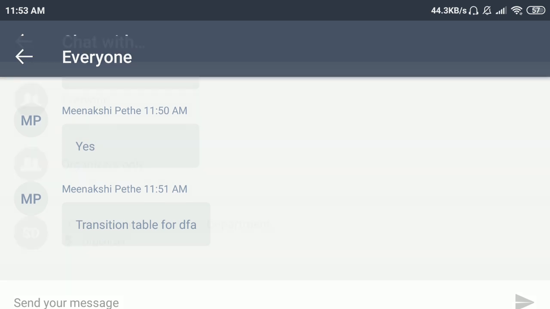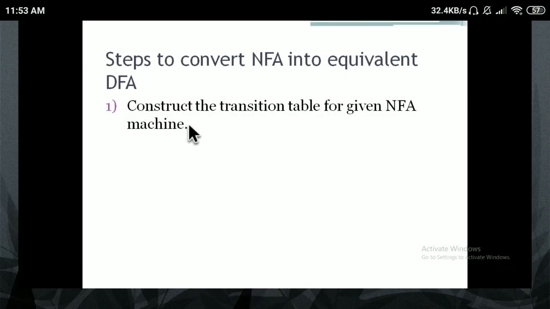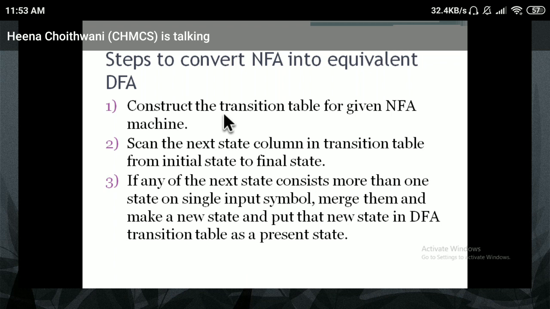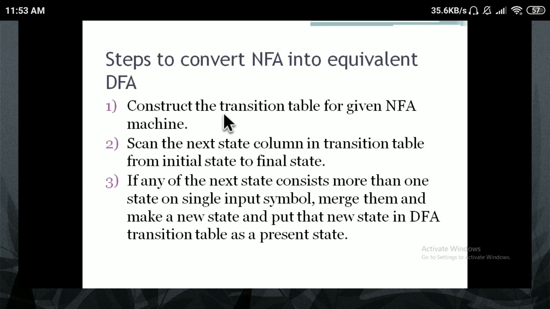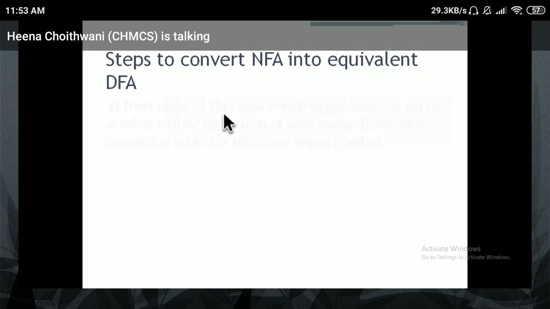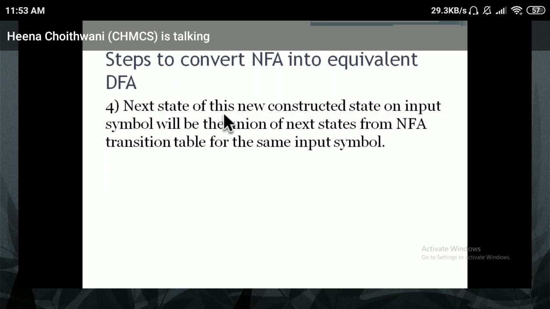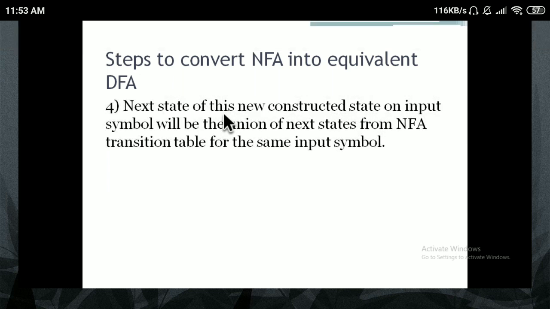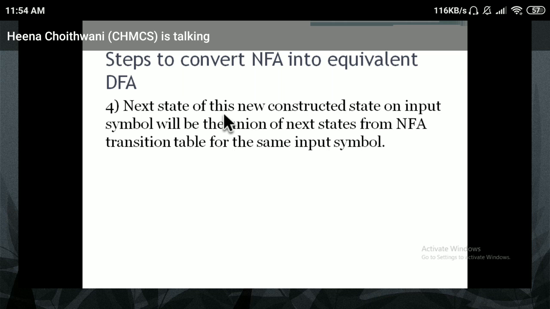So there was a step that if we have any transition to two states in a single block, we can create a new state. And the fourth step was that the next state of this constructed state on an input symbol will be the union of next states from the NFA transition table for the same input symbol.